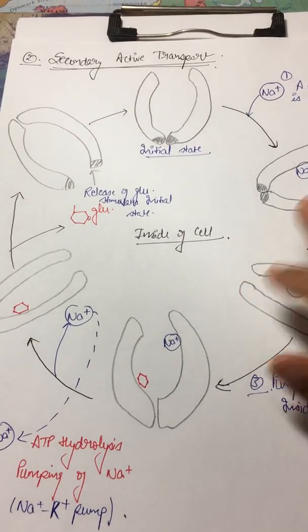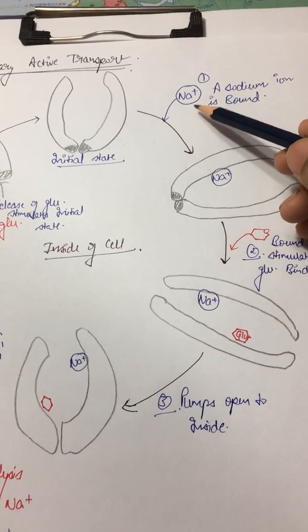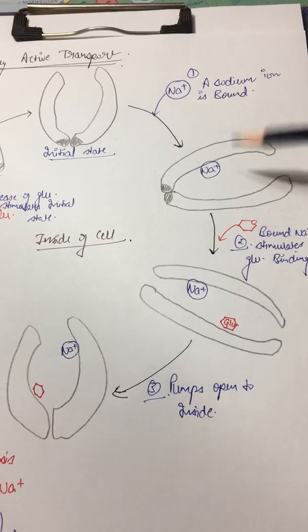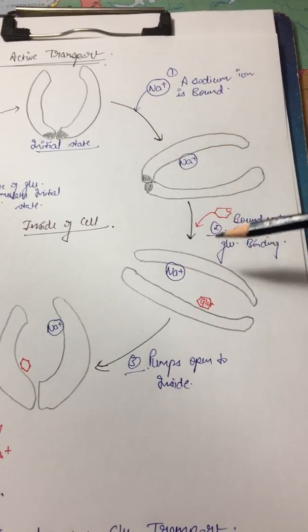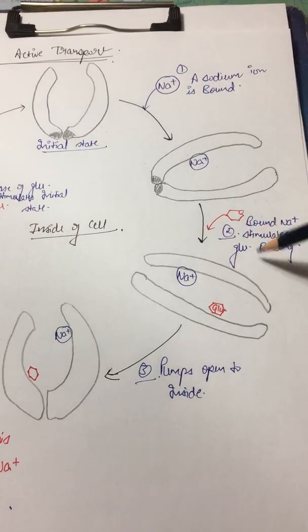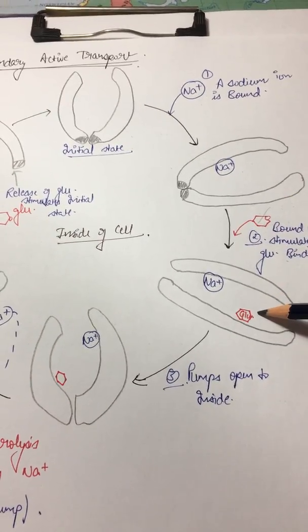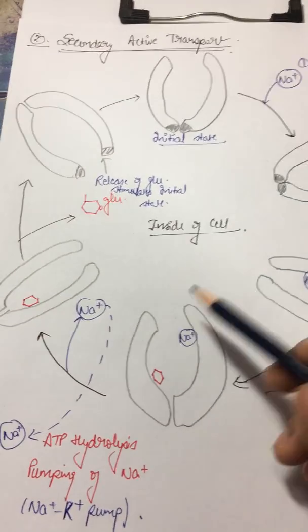This is a diagram for secondary active transport. Here, 1 sodium is going to bind to the transport protein. When it is bound to the transport protein, it will cause a conformational change, which will lead to the binding of a glucose, right? The glucose will bind to the transport protein and the pump opens to inside.